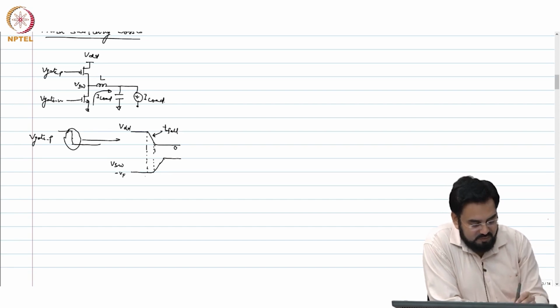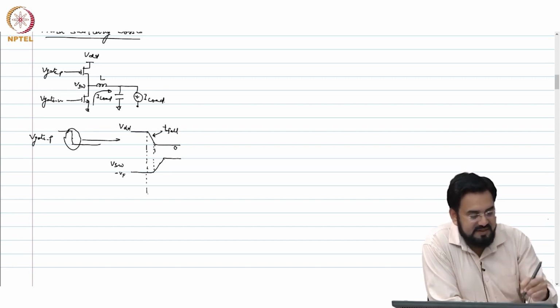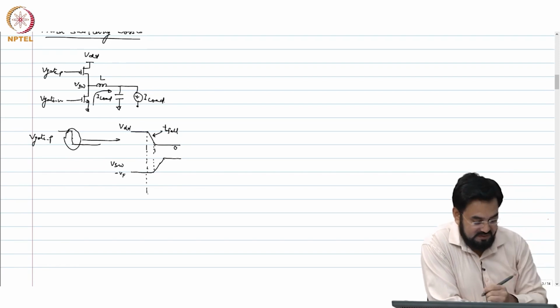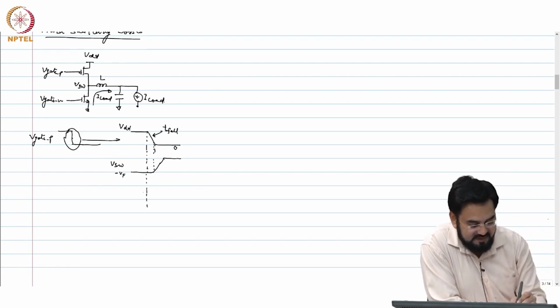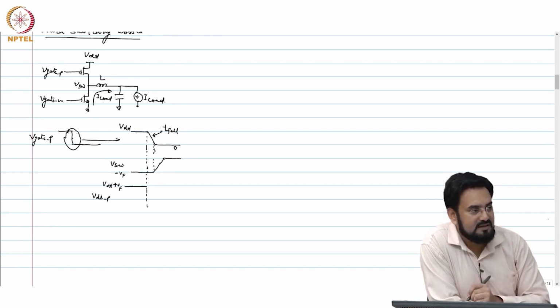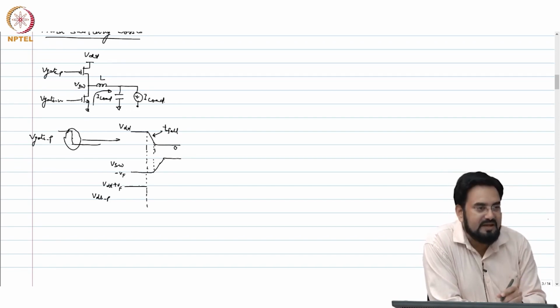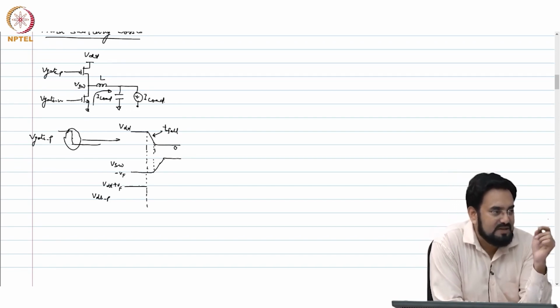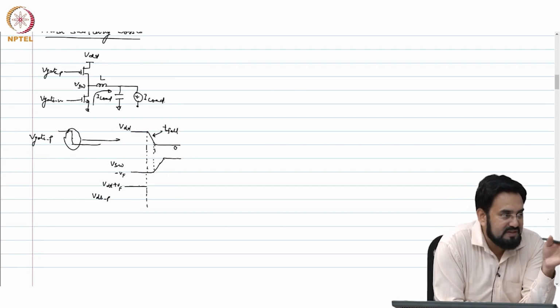So, what will happen to the VDS of this power MOSFET? What is the VDS here? VDS of P is VDD plus VF, correct. If you look at the textbook, they will not take this VF factor into account, but it will be VF.